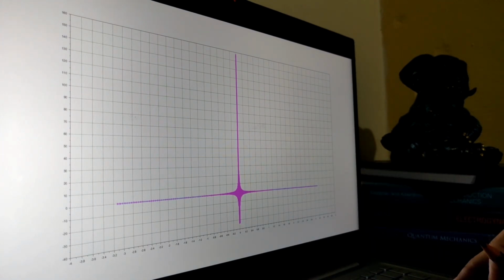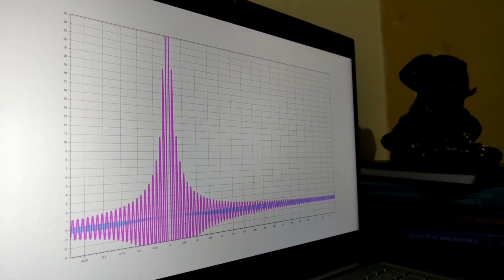Look, still getting oscillations. Looks like Asgard. And this Dirac delta function is a periodic function, so it will be repeated after a 2 pi period. So this is an approximation of the Dirac delta function that we write in terms of a Fourier series.